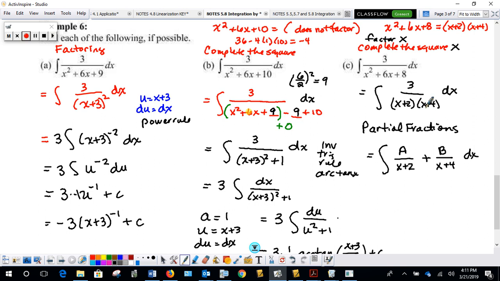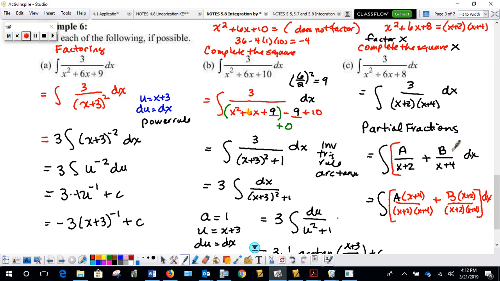That basically this is a common denominator, and that after you added these two fractions together, you ended up with 3 over the common denominator. Now, a little bit of the work to show you what's going on is to get a common denominator, you would multiply this one by x plus 4, and then x plus 2 over x plus 4. This one, you would do b times x plus 2, x plus 2 over x plus 4, and then your dx.